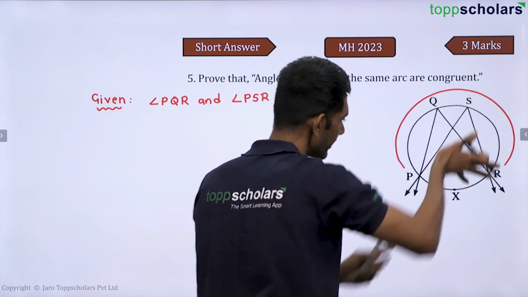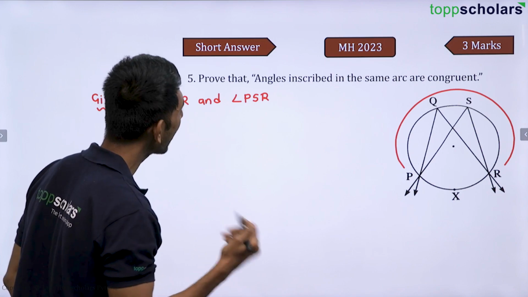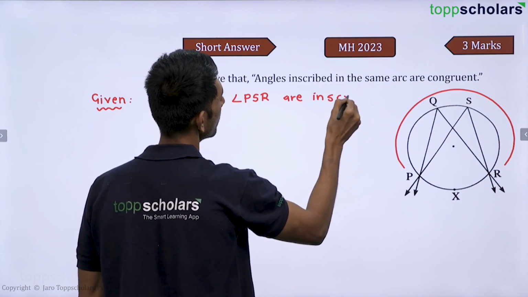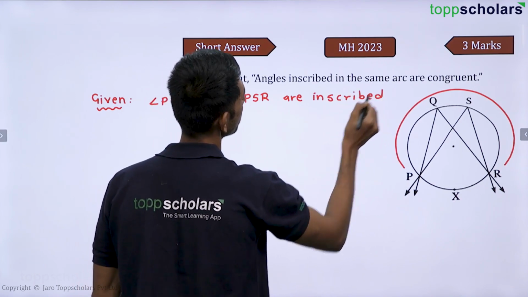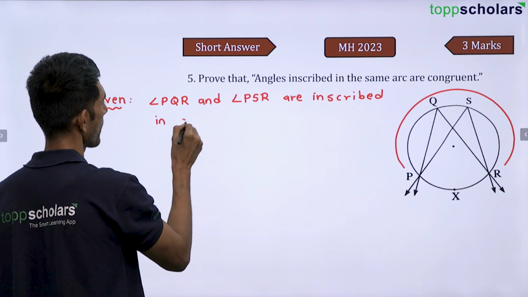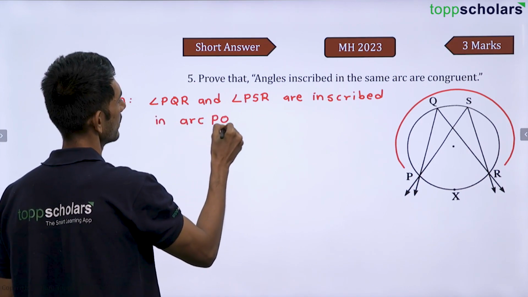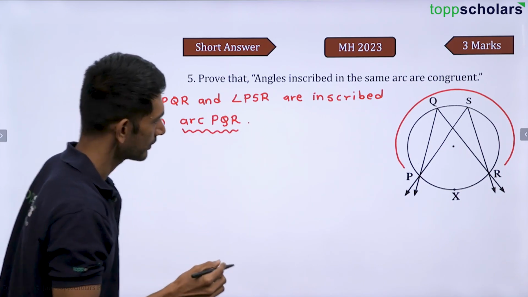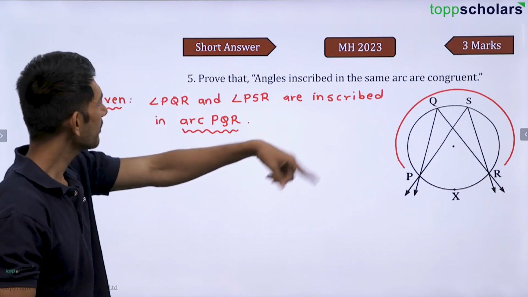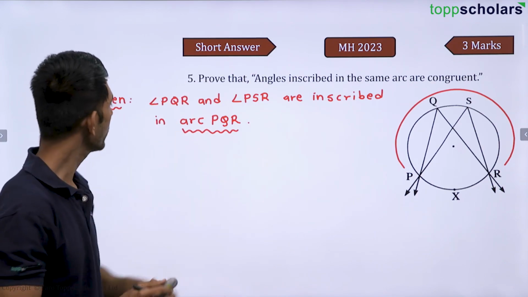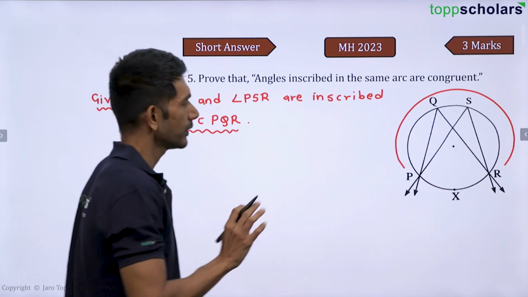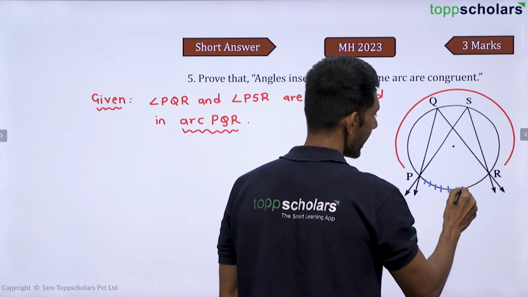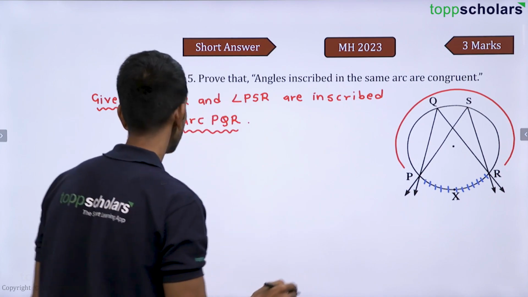They are inside this, right? So angle PQR and angle PSR are inscribed in arc PQR. Now understand, since they're inscribed, can I say PXR is the intercepted arc for them?